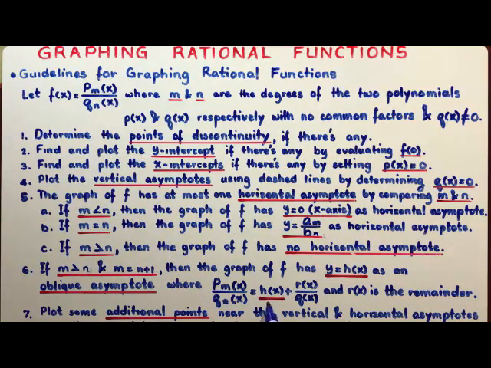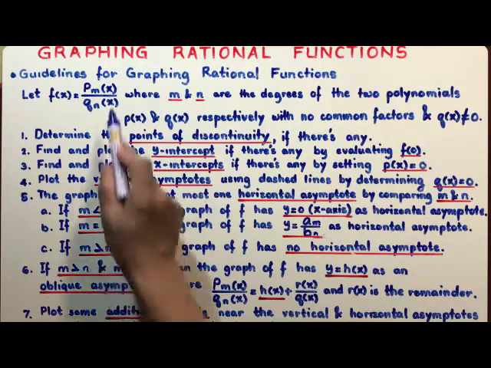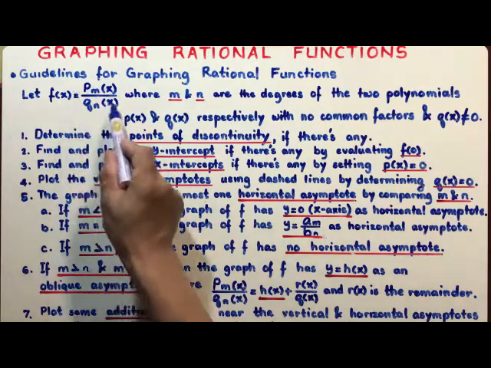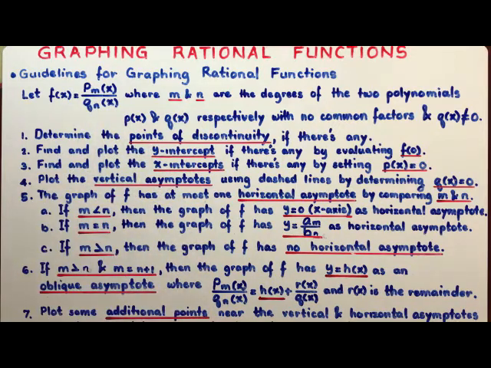The quotient is h of x plus r of x over q of x, where r of x is the remainder. The quotient is our oblique asymptote, so y is equal to h of x.